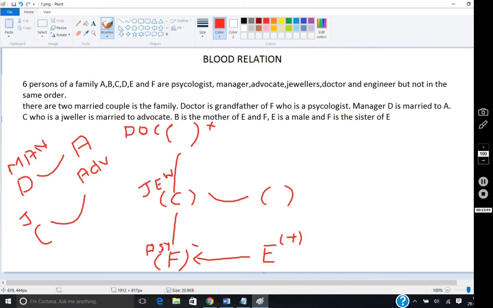He is married to advocate. And B is the mother of E and F. So we can write B here. If it is female, then it will be male.